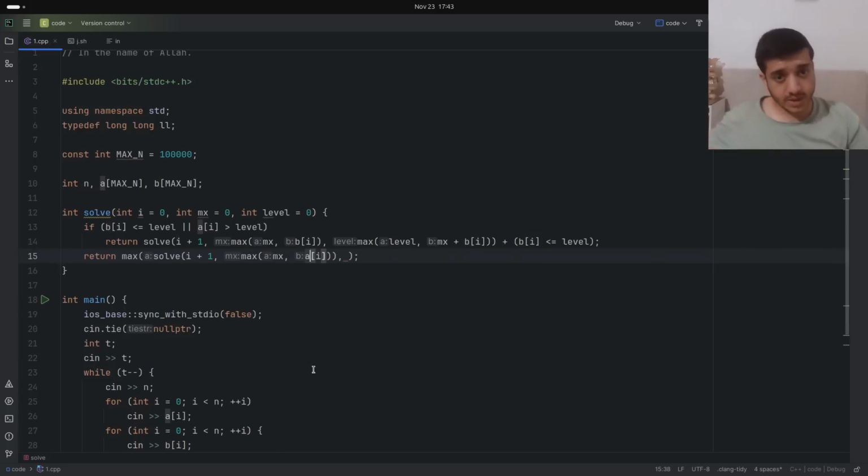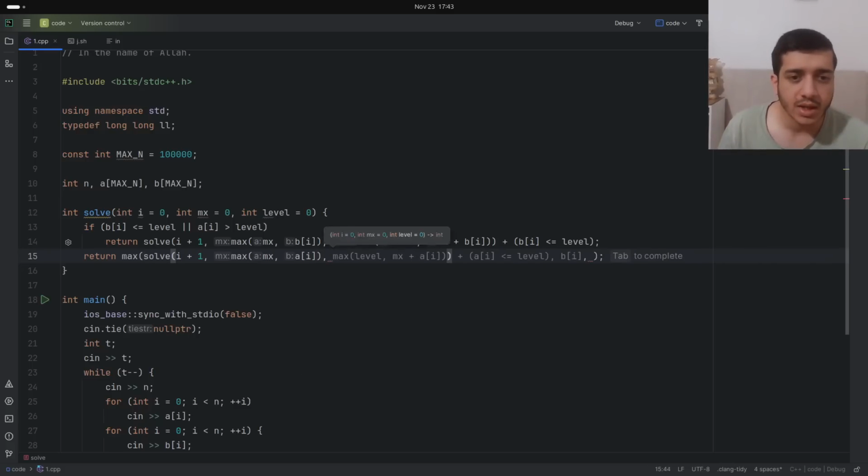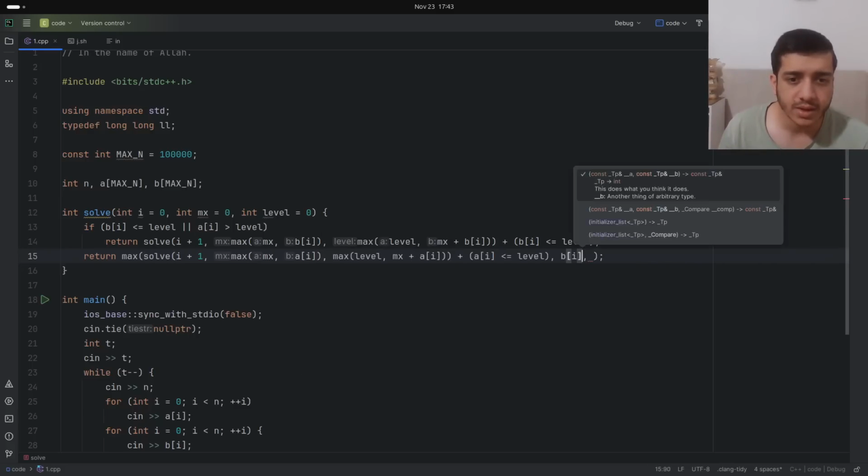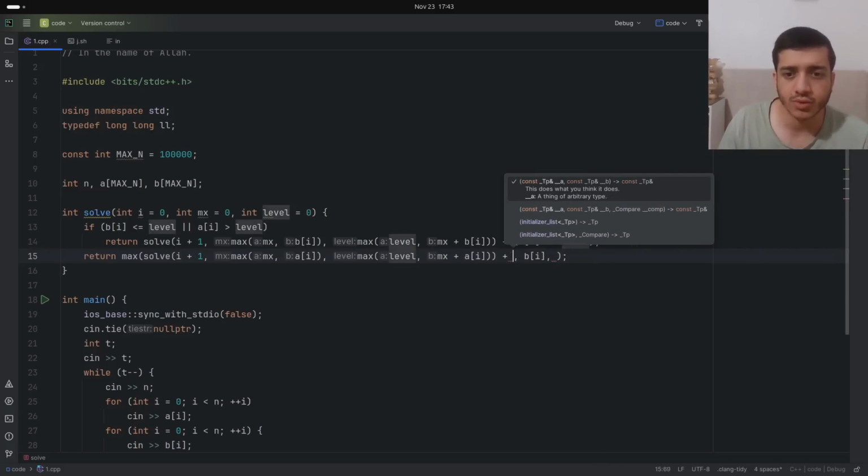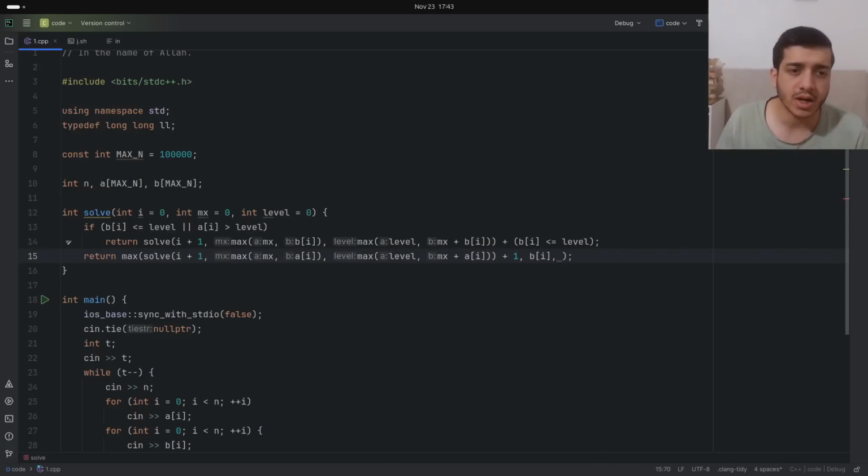Either replace A_i here. A_i for sure doesn't matter, never mind. And then we get this level and +1 because we for sure know that A_i is less than or equal to level.